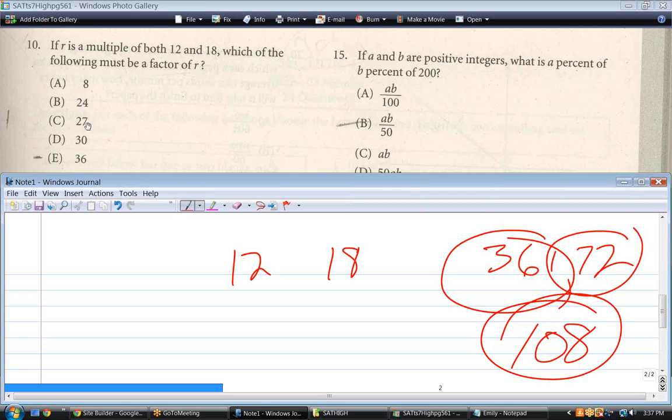And not 27, not 24. In fact, when you find the first multiple, 36, you can kind of rule out 8, 24, 27, and 30. Because it has to be divisible into 36, and the only one is 36.